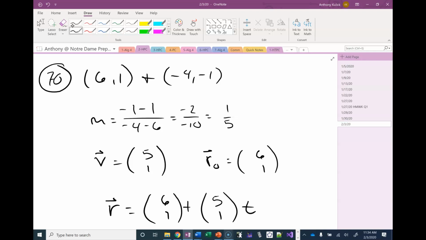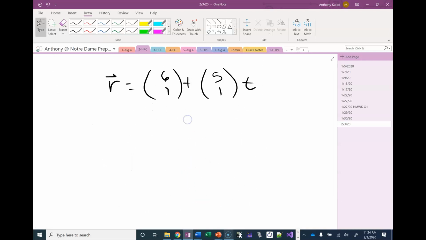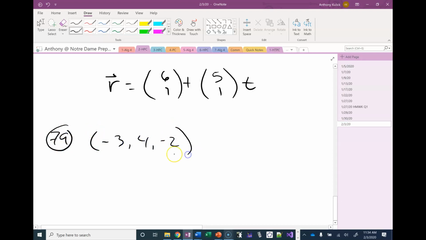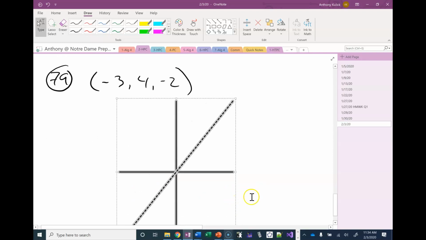Can you do 79? Okay, so it's just another point to plot. All right, so again, I'm going to start by putting in my tick marks.